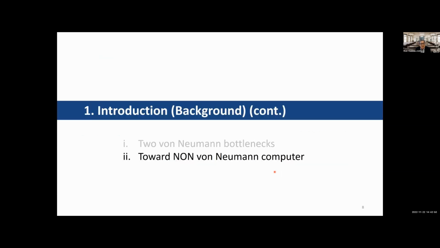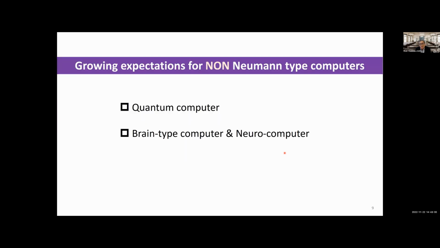Okay. So the second item in the introduction is non-von Neumann computers. Currently we have high expectations for non-von Neumann type computers. The typical candidates are the quantum computer and the brain-type computer, or neurocomputer.